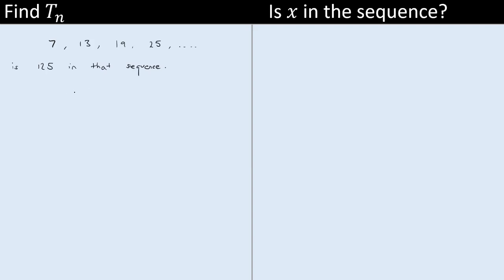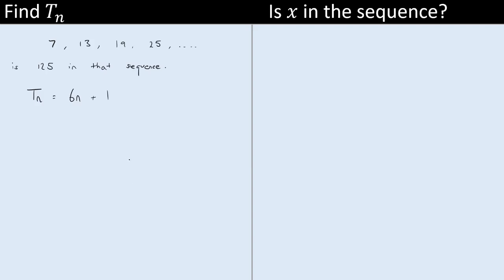Well, we found out that the nth term for this sequence that we did previously was 6n plus 1. Okay, we might say that that is our nth term, and you might see notation with t with a little n, meaning nth term.